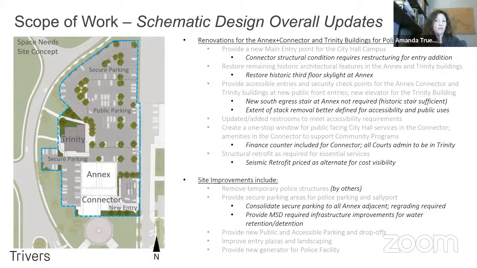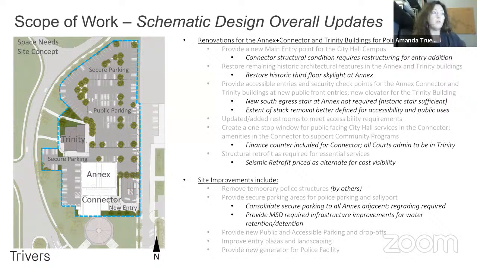So kind of high level, it's got a lot of text on the slide, but this summary is really just intended to show you some of the things that we've learned more about since the last time we provided an update to council. And those things being a connector building that requires a bit of restructuring.